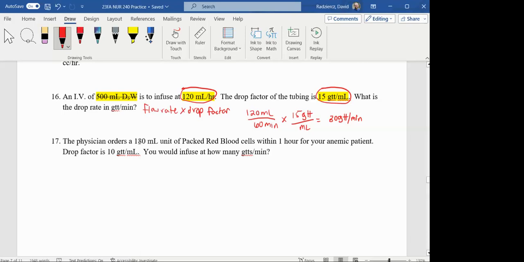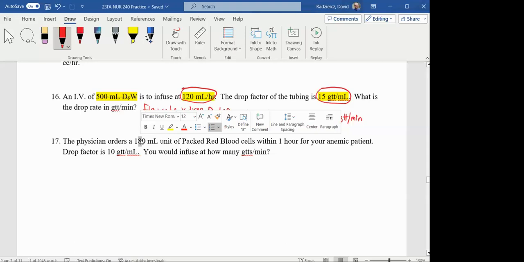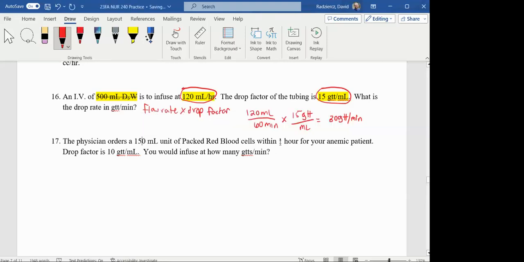I want to change a couple variables here. All right. So I changed it to 150 milliliters within 2 hours, and the drop factor now is 15.